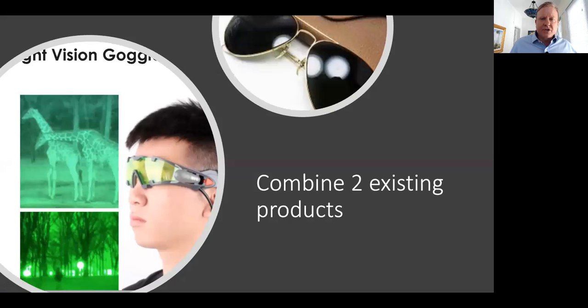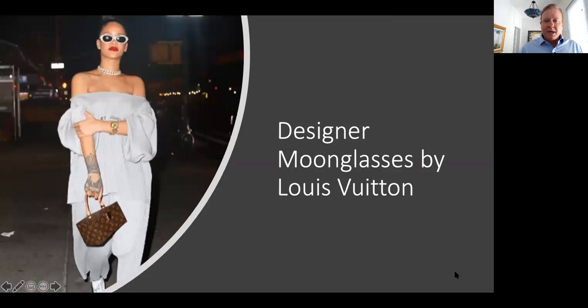So night vision goggles, this is what some students of mine did in China. They took night vision goggles and sunglasses, and they combined them into designer moon glasses by Louis Vuitton. So you don't even need the satellite. You don't need the disco ball in the air. All you have to do is just wear some moon glasses. So this is the kind of creativity that you can have.